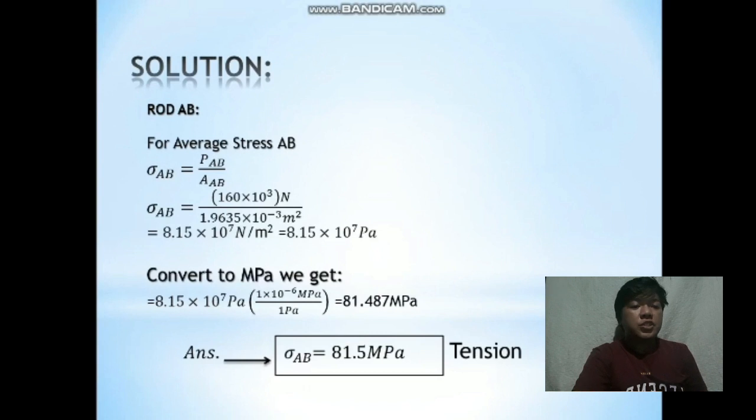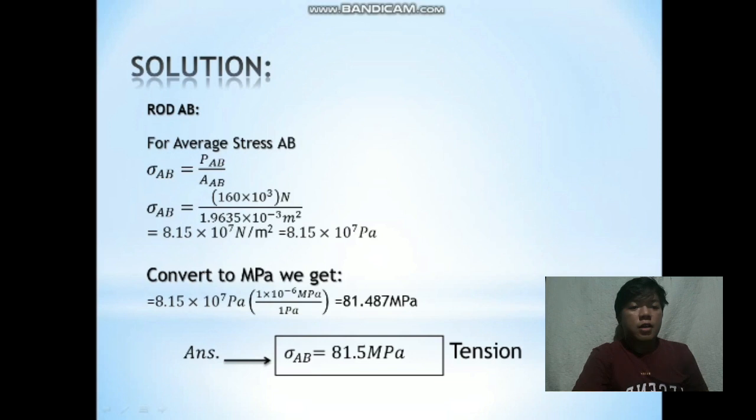And for the average stress AB, we have PAB over AAB. First is the 160 times 10 to the 3 Newton over the 1.9635 times 10 to the negative 3 m squared.